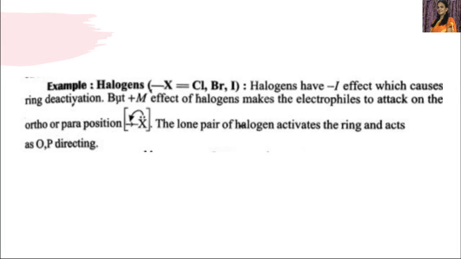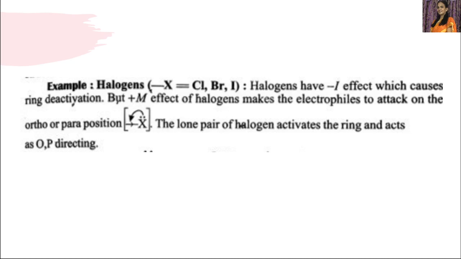Next, let's discuss halogens. Halogens, whose general representation is X, which is equal to either chlorine or bromine or iodine.